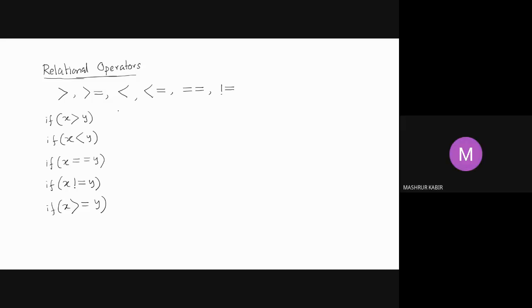Well, first of all, this one is true. That's false. So we are considering x is 5 and y is 2. So the first one is true. The fourth one, not equal, is true.